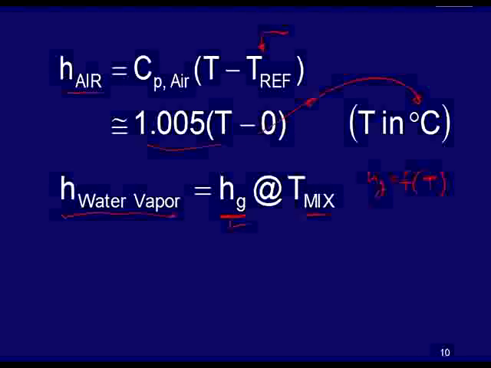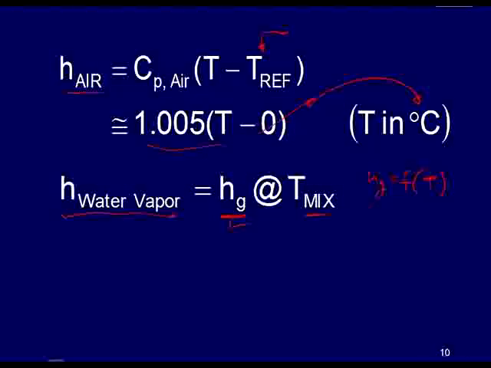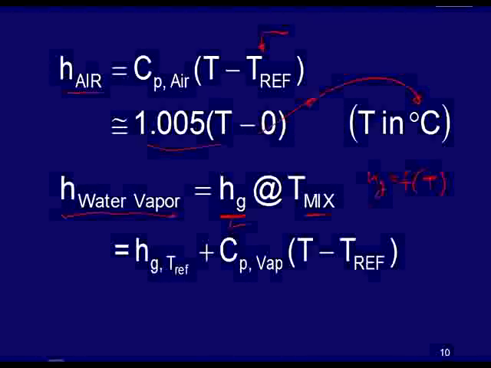So you could look up almost any pressure and find the proper Hg, as long as it's a low enough pressure. So Hg at T reference plus Cp times T minus T reference, that's Cp of the water vapor, would give you H of the water vapor.